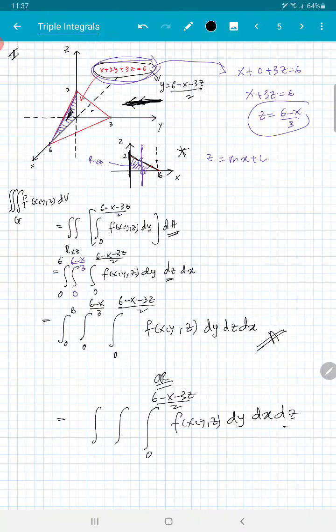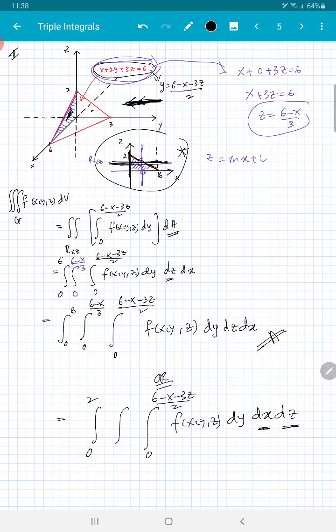Now, since z is the one we integrate last, we still refer to this sketch, the region, which is on the xz plane. So if we integrate with respect to z last, z should be from a constant to a constant. So in this order, z is going to be from 0 to 2. And then to get the limits for x, you still refer to this line, but we do it this way.